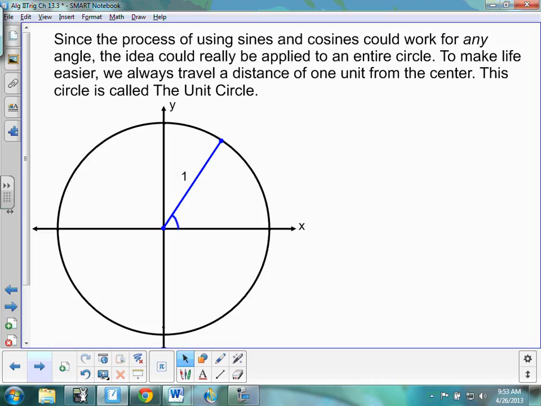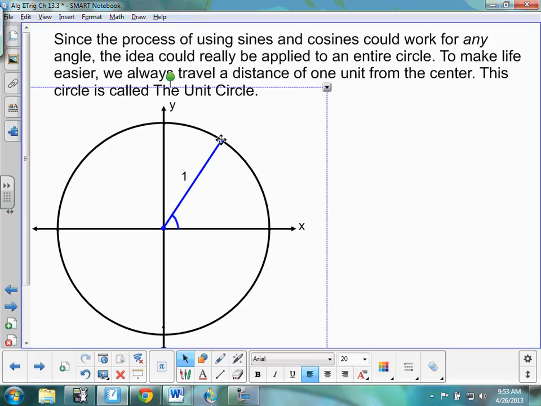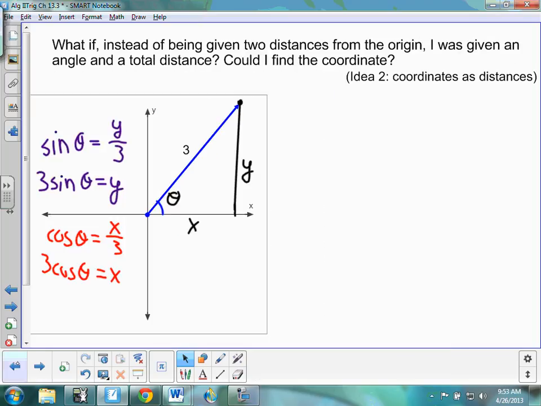The process of using an angle, a theta here, since the angle can change, this point could move anywhere up or down the circle. So we can think about finding any coordinate on any circle given a certain hypotenuse. In the last one we did it with a hypotenuse of 3.